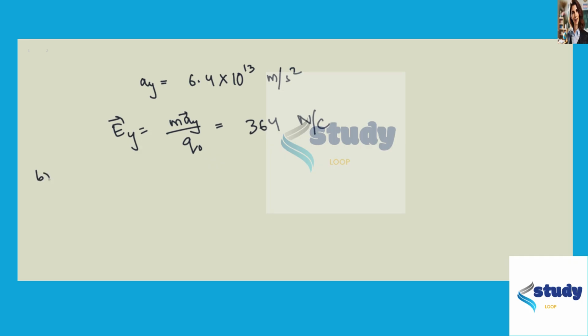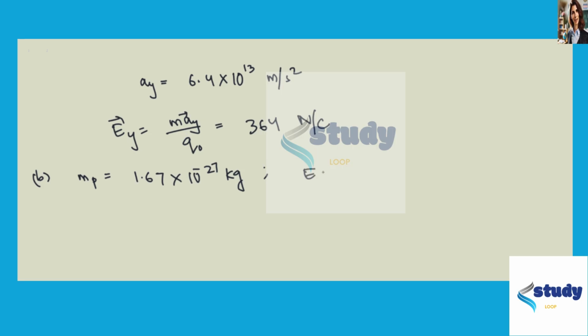Now in the second part, since we know the electric field, we can find the acceleration of the proton using the mass of the proton, which is 1.67 times 10 to the power minus 27 kg. We will use this same equation.